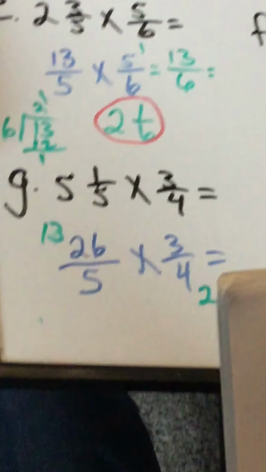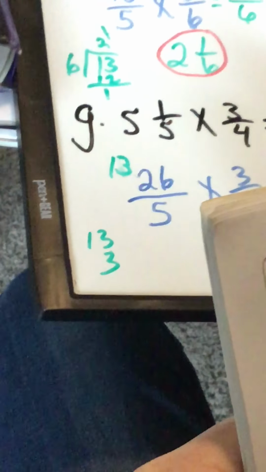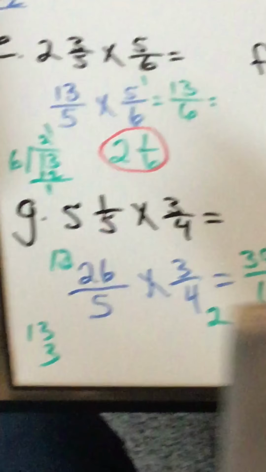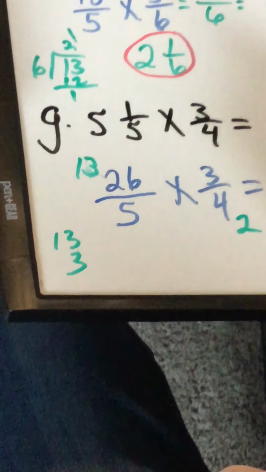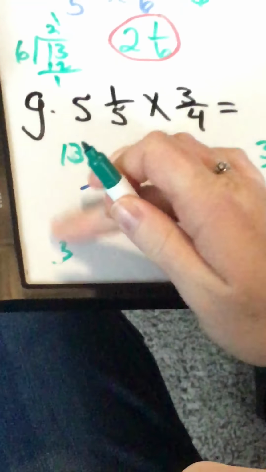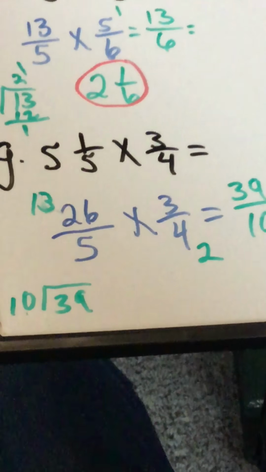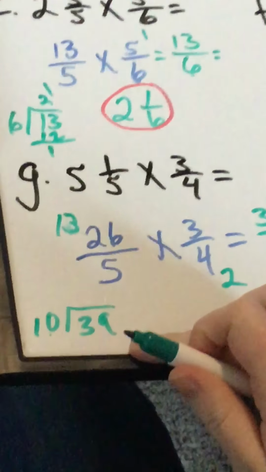Now we multiply across. 13 times 3. Again, you're going to have to do this, which is going to become a 39. 5 times 2 is 10. Okay, again, we have an improper fraction. So you're going to have to do 39 divided by 10 to figure out your mixed number.